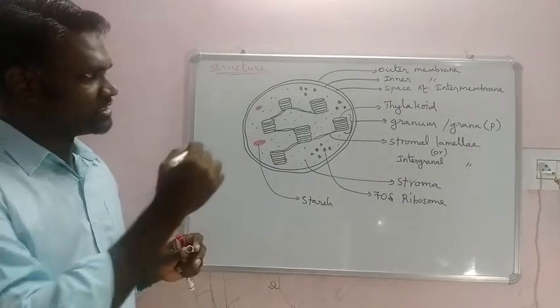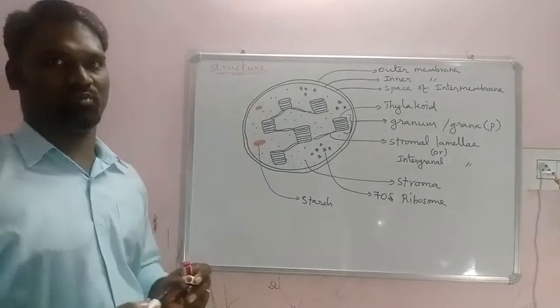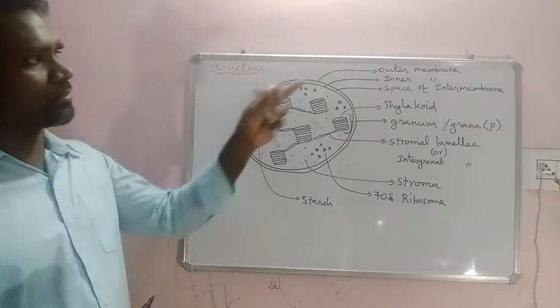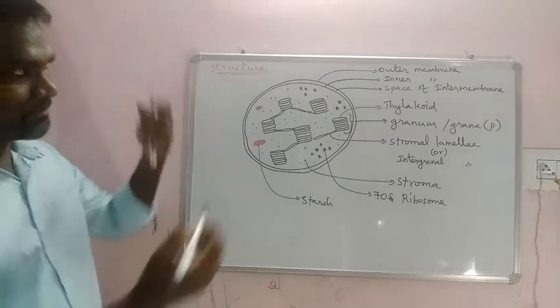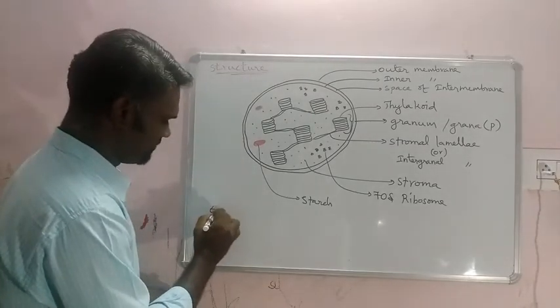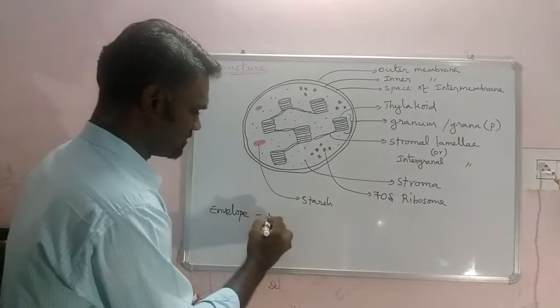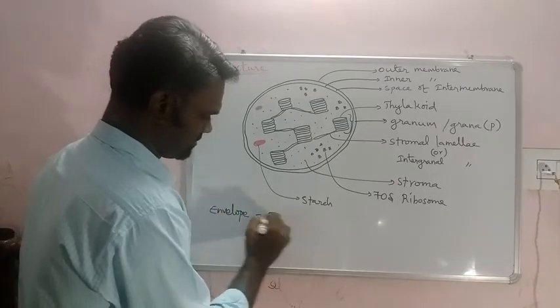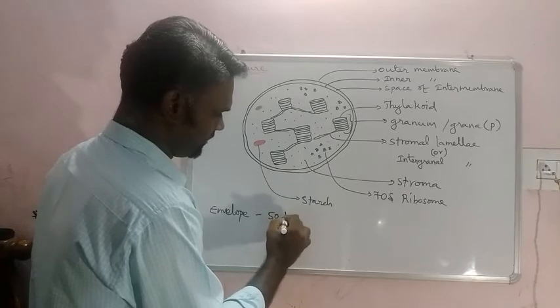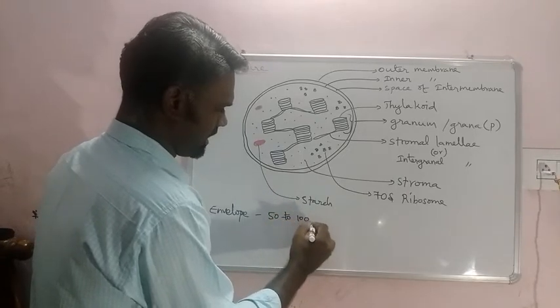Now we are going to discuss these points one by one. For example, if I want to talk about the membrane, the envelope size is almost 50 to 100 angstrom.